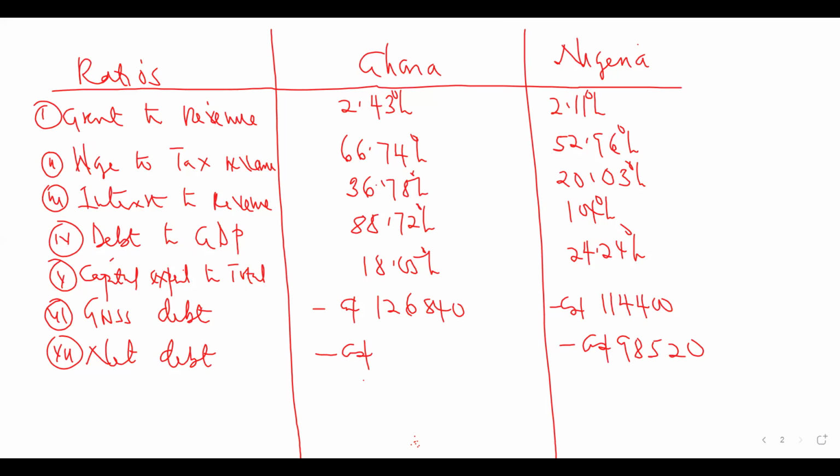What's the gross debt figure for Ghana? The gross debt figure is here, 126,840.